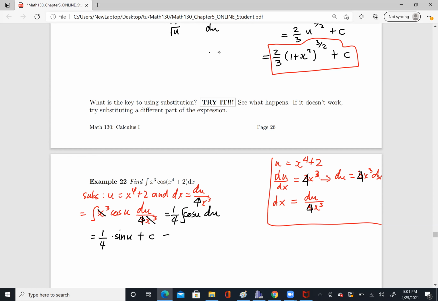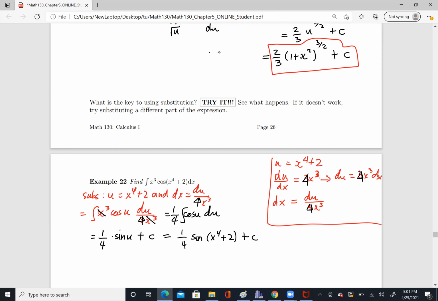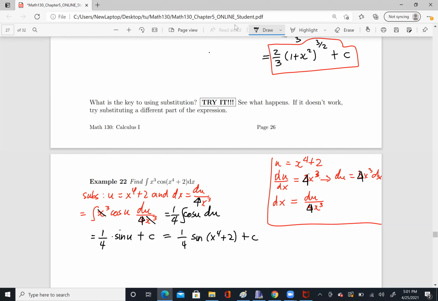Then come back with the x variable. You have 1/4 times sine of x to the 4 plus 2, plus c as the answer. Okay, so let me circle this.